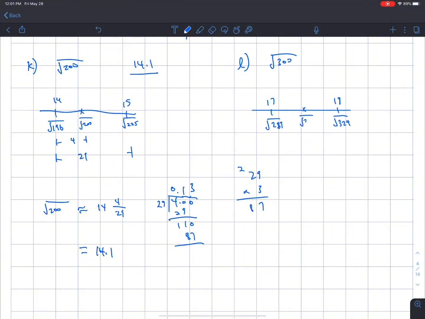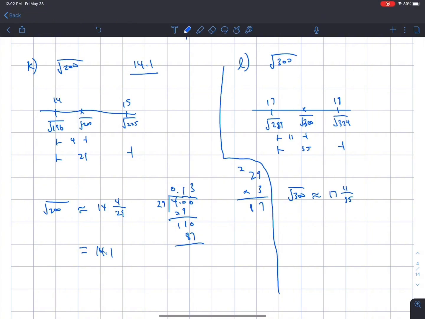And then we have the square root of 300. So from 289 to 300, the distance is 11. From 289 to 324, the distance is 35. So we can say square root of 300 is approximately equal to 17 and 11 over 35.